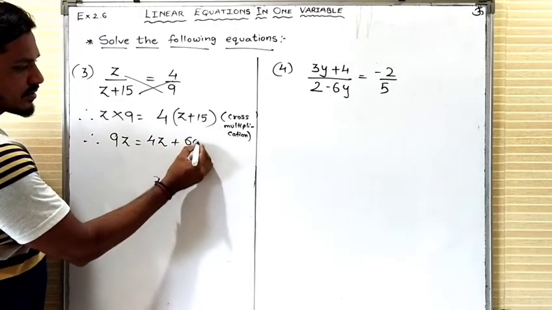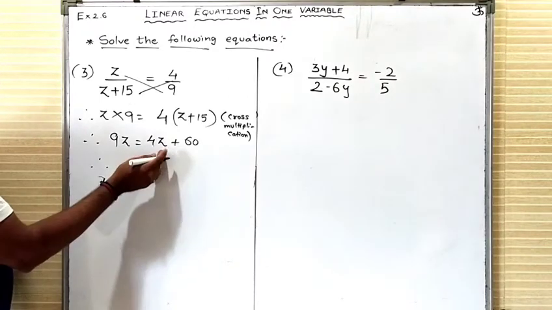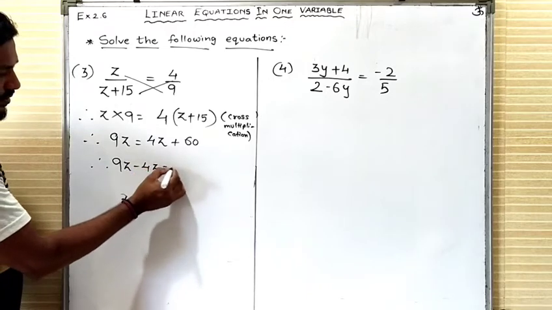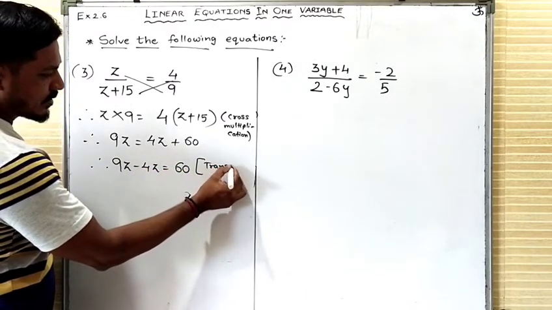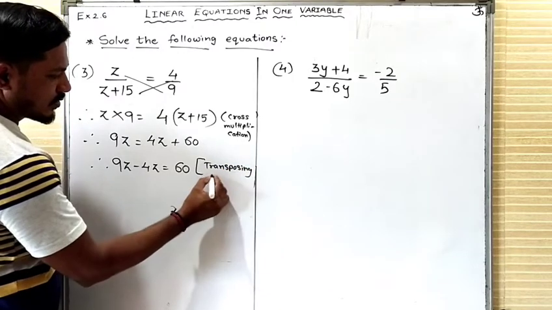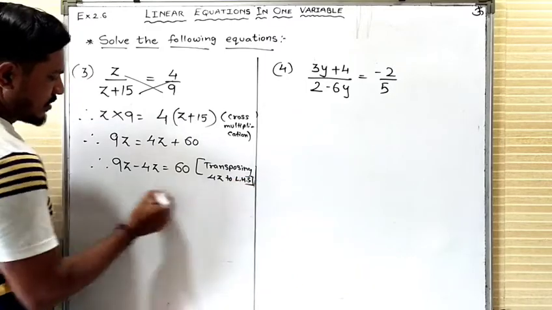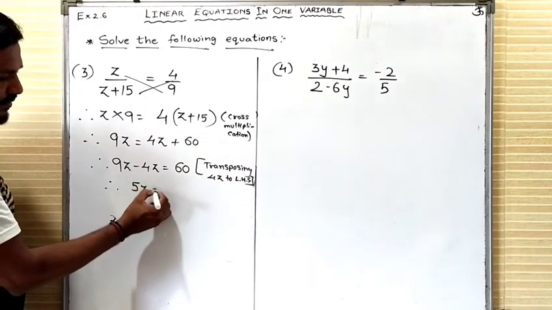15 fours are 60. Then transpose this 4z toward your left hand side. Write down over here transposing 4z to LHS. After doing such, 9 minus 4 give 5z.